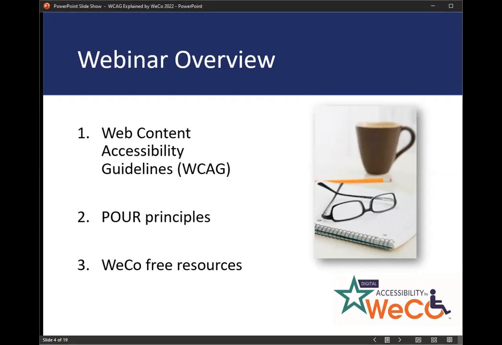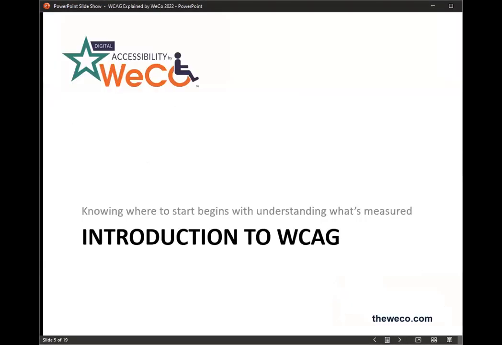And finally, we'll provide some accessibility resources you can check out for more information. We'll be answering questions at the end of this webinar. This slide includes a photo of a notebook with a pair of eyeglasses, with a pencil and a coffee mug in the background. Next slide.